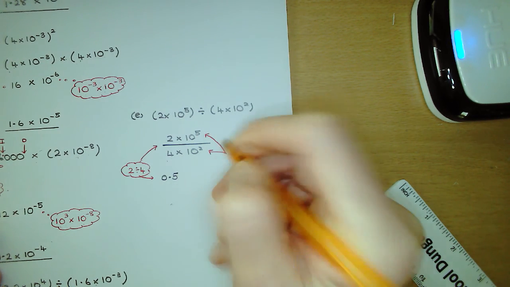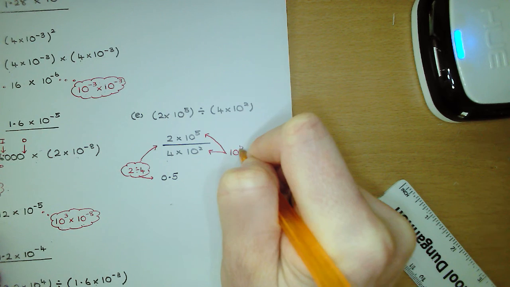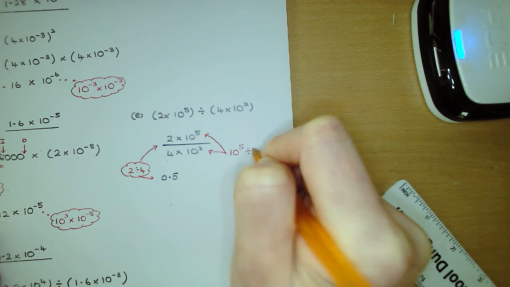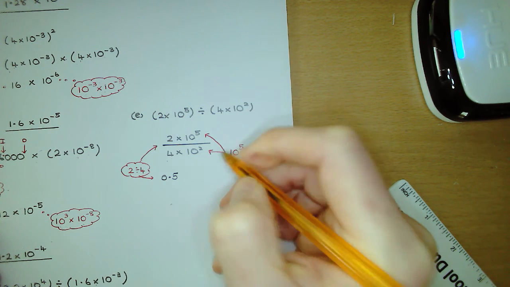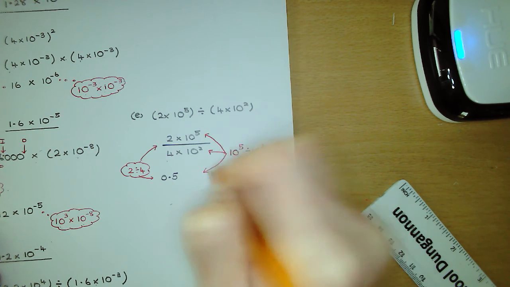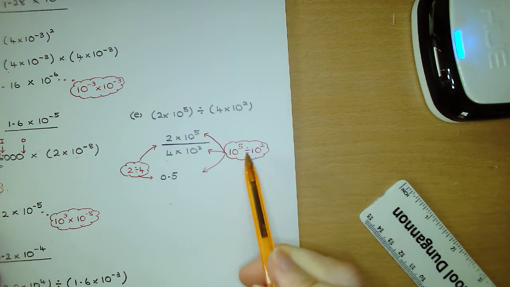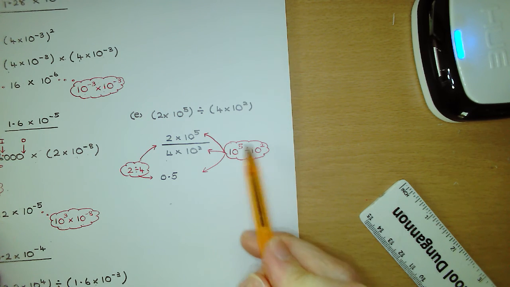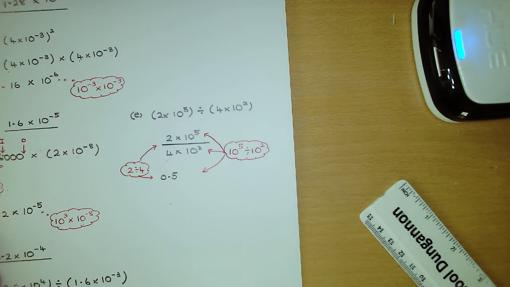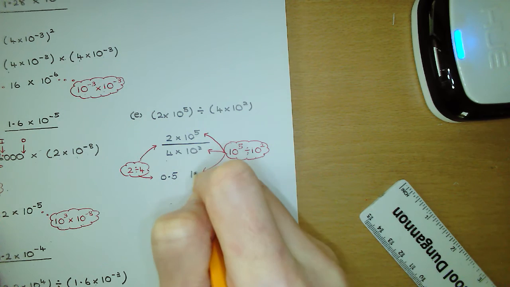So we're going to work out 10 to the power 5 divided by 10 to the power 2. Again, when you divide two indices with the same base, you subtract the power. So 5 minus 2 is just going to give us 3. So we're left with 10 to the power 3.